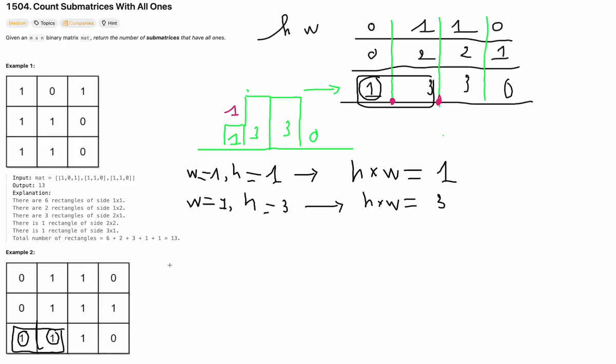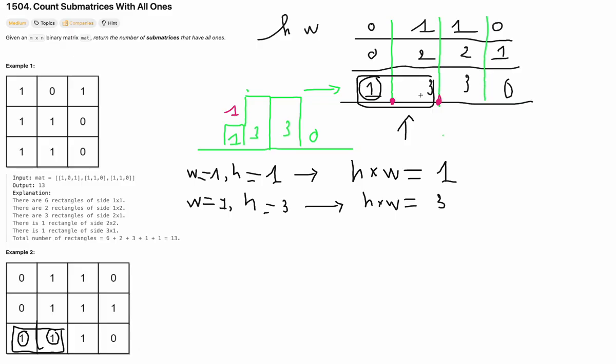Whatever number of previous rectangles we have, we can always form the same number at the current index. So in here we can see that previously we could form one rectangle.